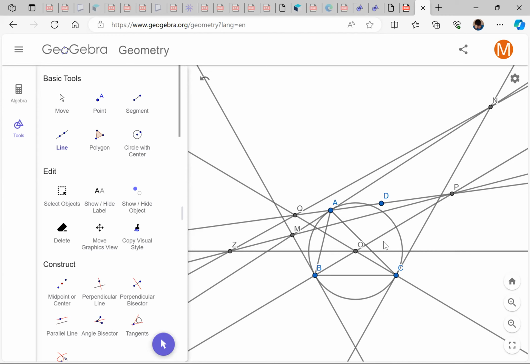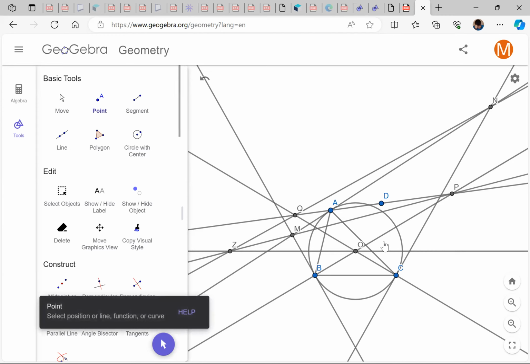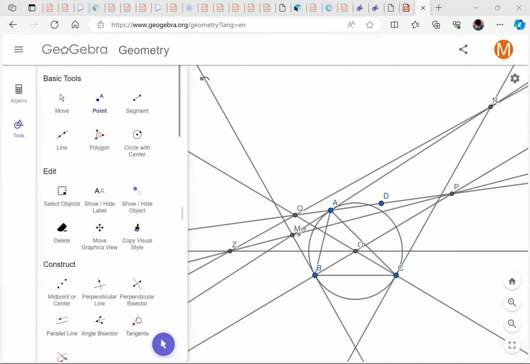So yeah. I'm just gonna draw stuff. Like PM, QN, and this line, the tangent line. This one, and this one, which we'll define as parallel to BC.